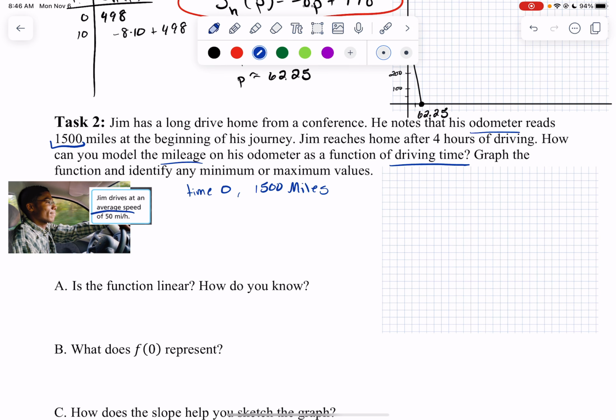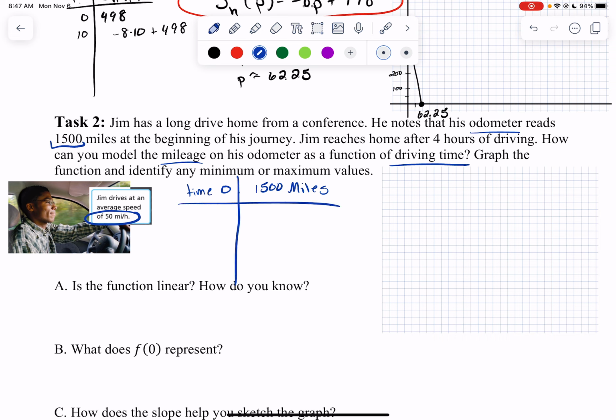Well, over here in the picture, we know his speed is 50 miles an hour. So that tells me every hour, I'm going to create a table out of this. For every hour, he goes 50 miles. So 1 hour would be 50 miles farther than where he's at, which would be 1,550. 2 hours would be 50 miles more than that, 1,600.